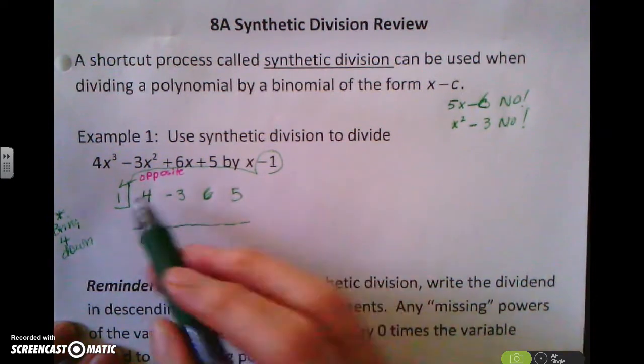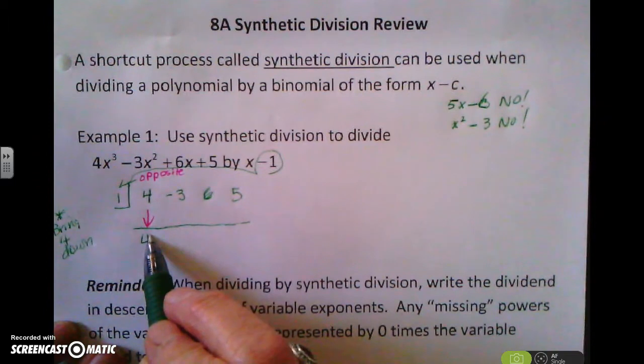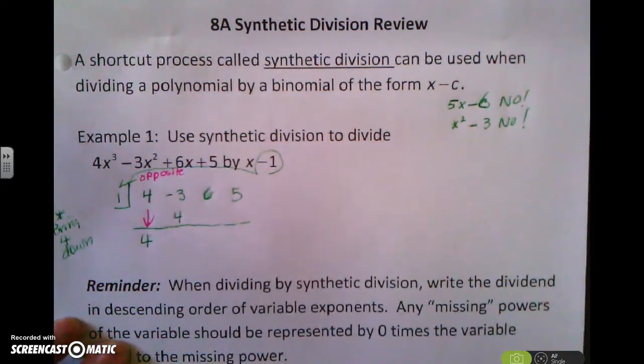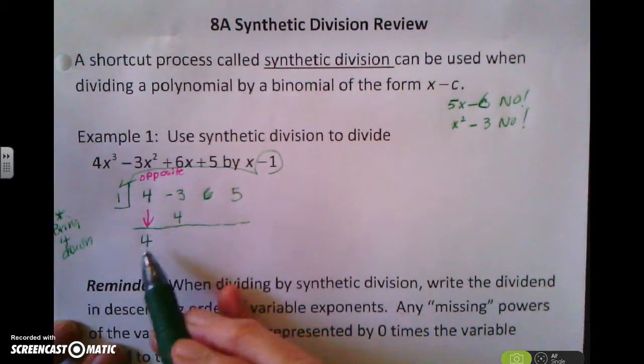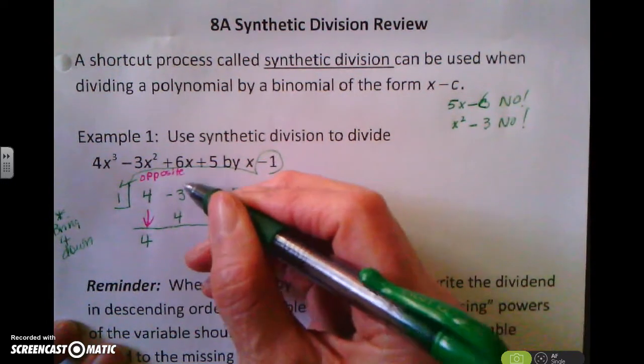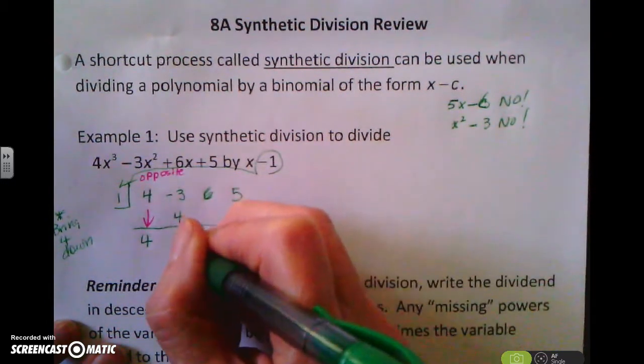All right, then we're going to take this 1 and say 1 times 4 is 4. And we're going to write that in that space. Then I'm going to add negative 3 plus 4 and get 1.